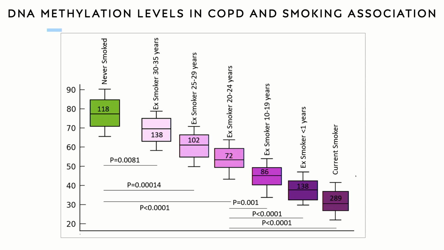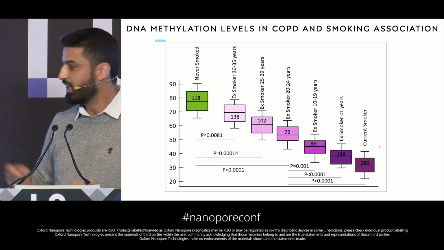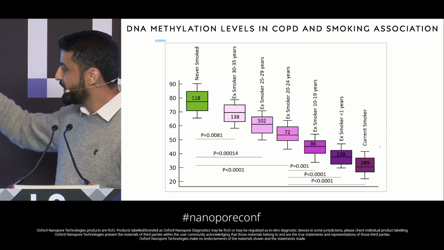We dug deeper into this, and we have seen that people who have never smoked have a methylation level close to 70 for all those 3 genes, while the smokers have a methylation level of close to 25 or 40. But here's the reward. When a person quits smoking, or when lifestyle interventions happen, the methylation level goes up.